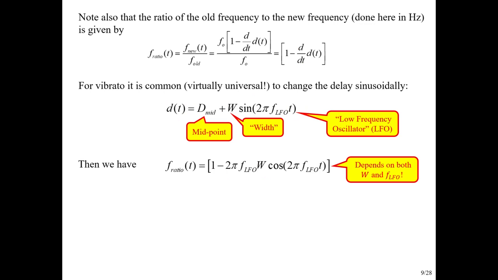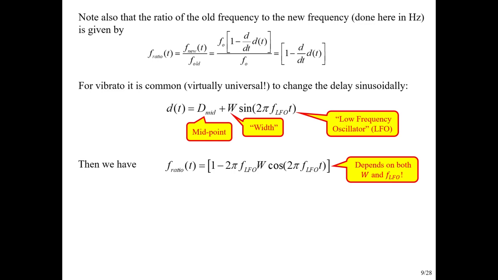So now we see that the ratio between the new frequency and the old frequency depends on two things. So we can watch this over time, and if we look at the peaks, the largest and smallest values of that, that's going to tell us how this thing is going to change in frequency, how far up and how far down.